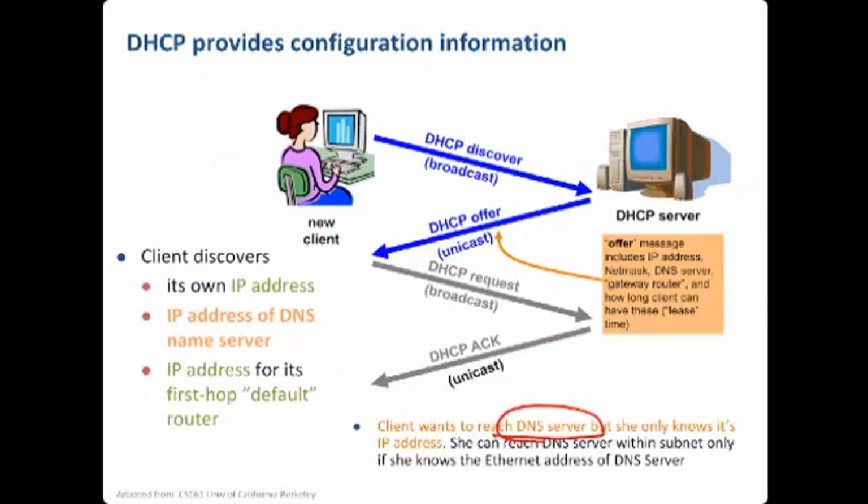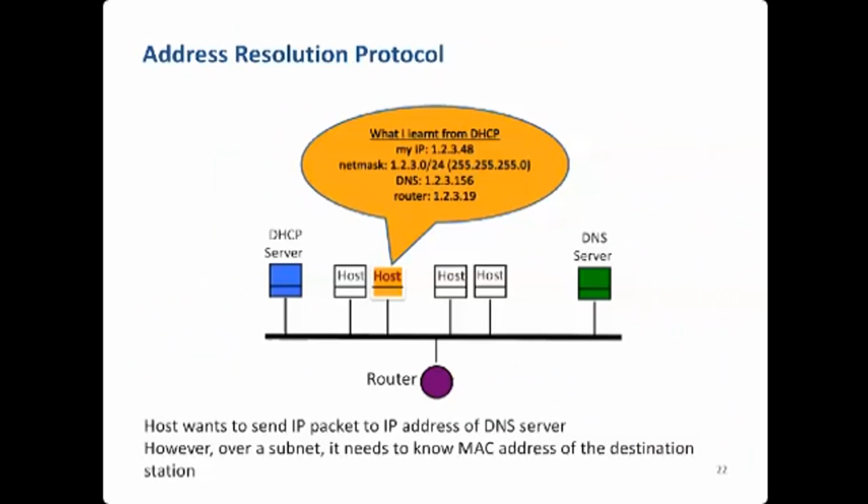Okay. So now this is a picture which you should look at carefully. This is the host or client, and it has learned from DHCP that its IP address is this one. The net mask, of course, is the subnet we create, so don't worry about it. The domain name server IP address is this, the router address is this. Now it wants to reach this domain name server.